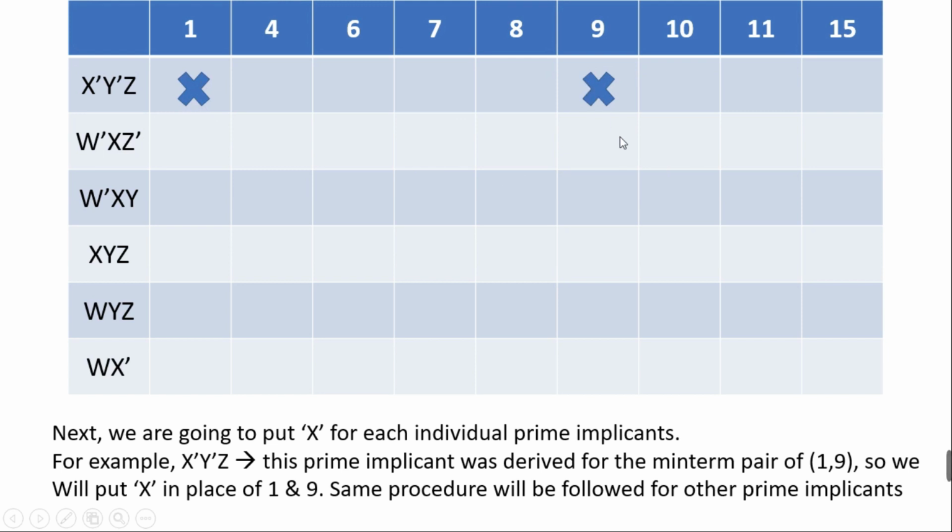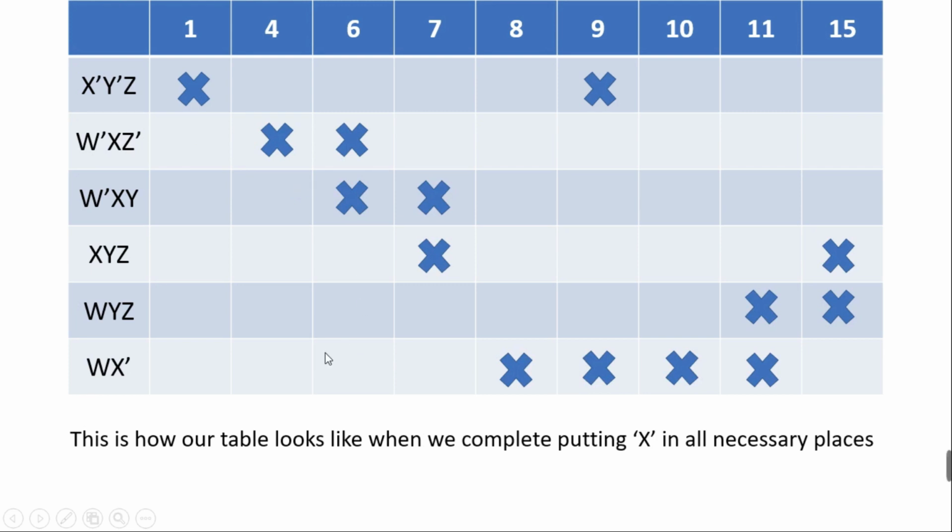We're going to do the same thing for all of the other prime implicants. All of these prime implicants are derived for some of the pairs, so we put this sign for each of them at their corresponding positions. This is how our table will look when we complete putting X in all necessary places.